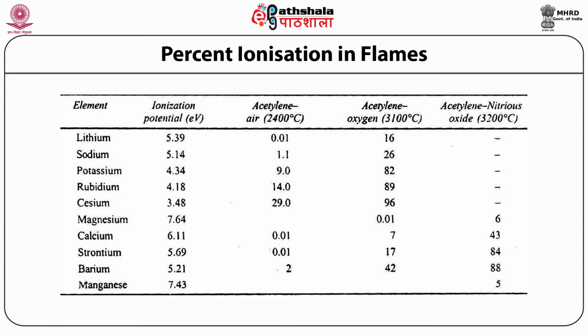This table shows the percent ionization in the flame for elements including lithium, sodium, potassium, rubidium, cesium, magnesium, calcium, strontium, barium, and manganese. And here are the different types of flames and their temperatures.